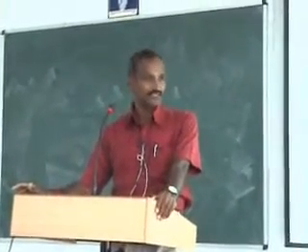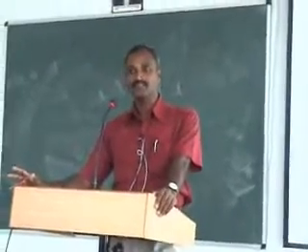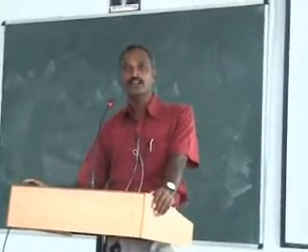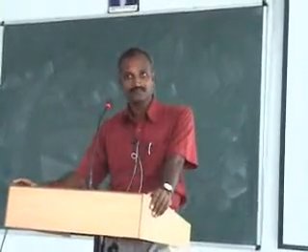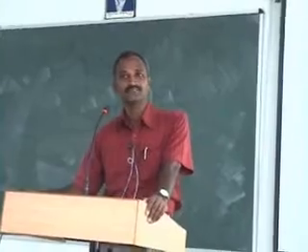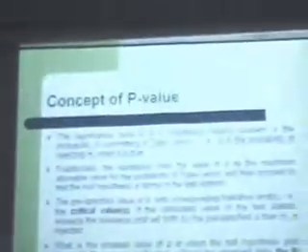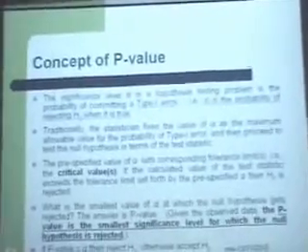Suppose you take alpha equal to 5%. What about the remaining part? 95%. That means we are 95% confident that we are making the correct decision. The 5% alpha is the chance that the decision will be wrong.